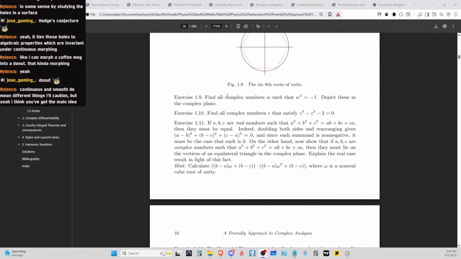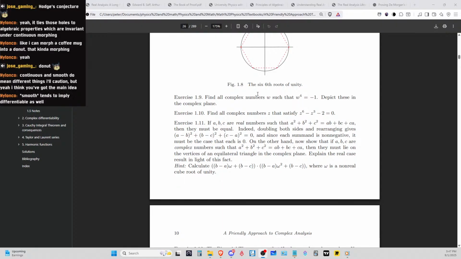But that probably is not correct, because I think you can have something similar to a cusp, and it's considered continuous but it's not differentiable. Or I'm probably getting the example wrong, but smooth tends to imply differentiable as well. Okay.